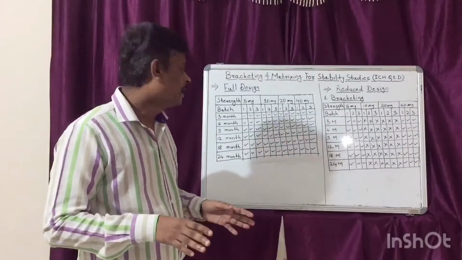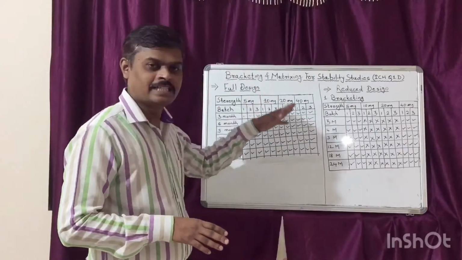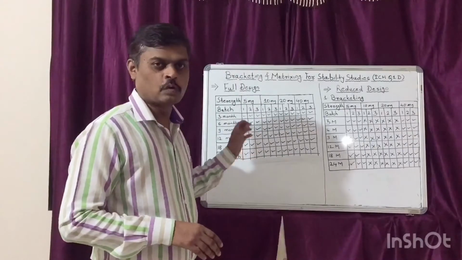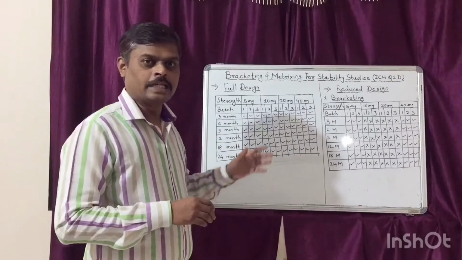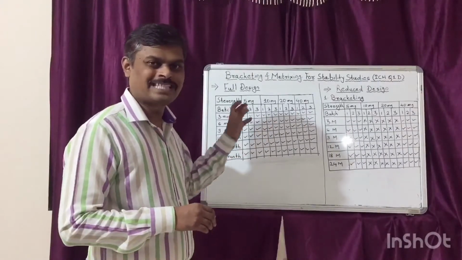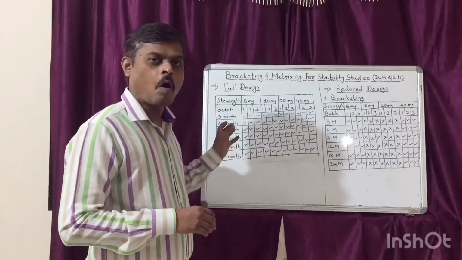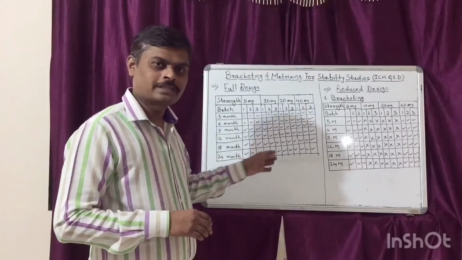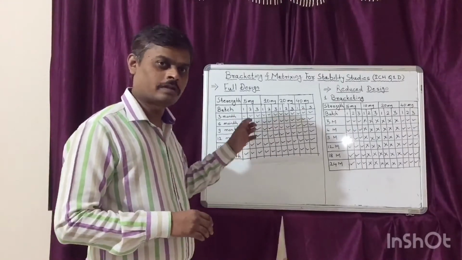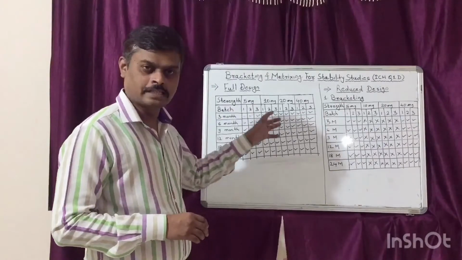So friends, in full study design, there is no scope for the reduction in analysis. You have to analyze all samples of all design factors, for example different strengths or different fill volumes or different container sizes.